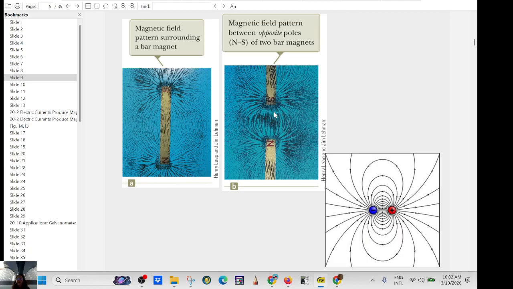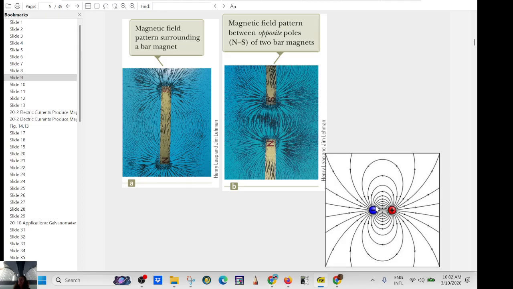So magnet here, north and south, you see that the two magnetic fields interact with each other, and what they want is to bring them together. It's like an aura between them, and it wants to bring them together. So this is also a magnetic dipole, exactly the same configuration.